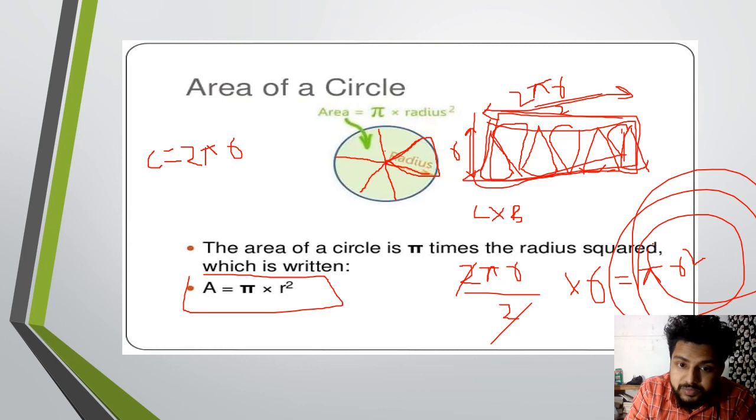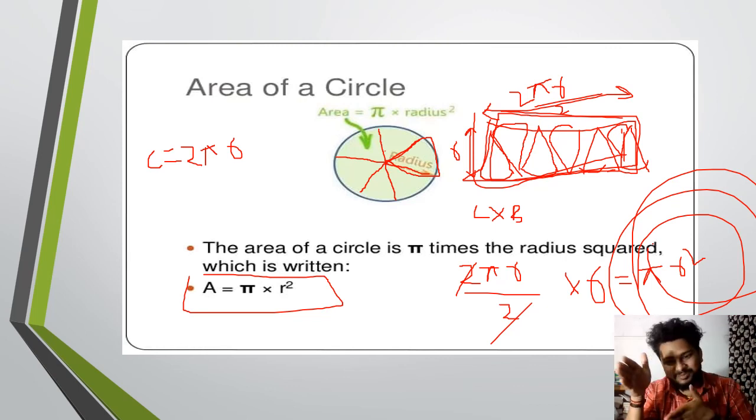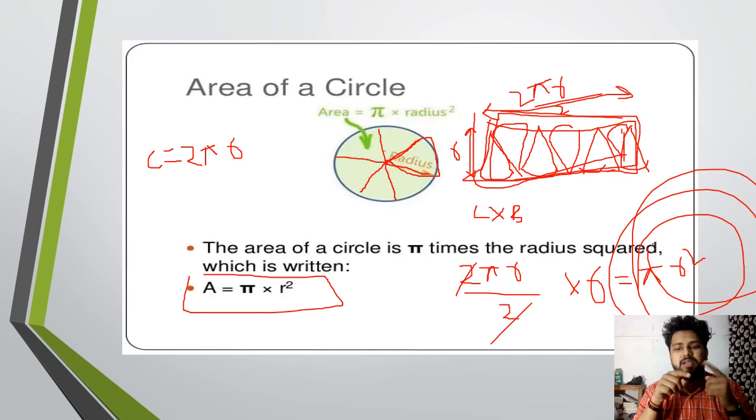Suppose this is a circle. We don't cut this circle in slices of pizza. We are trying to cut in a different way: we are trying to make many rings from this whole circle.